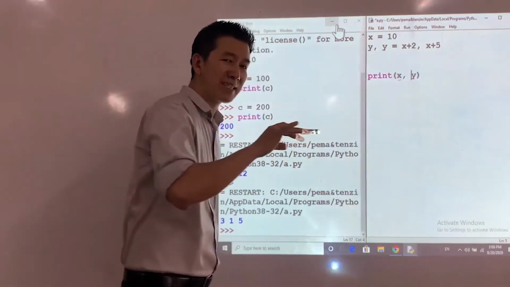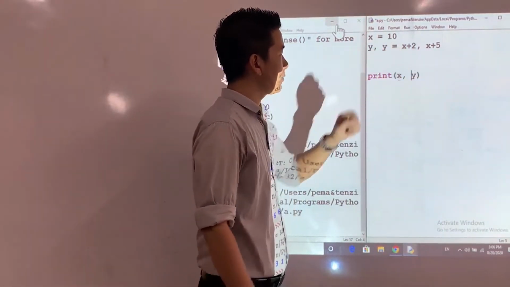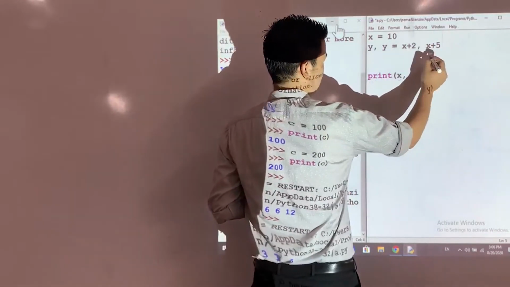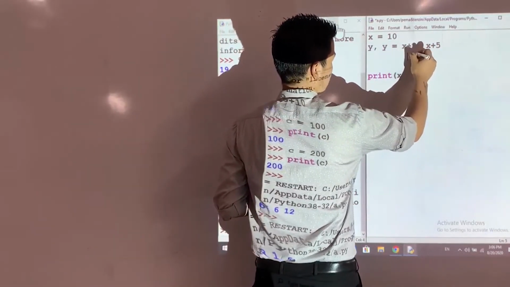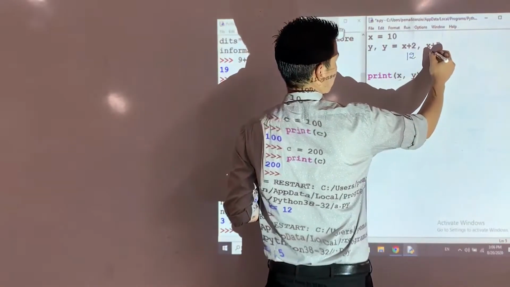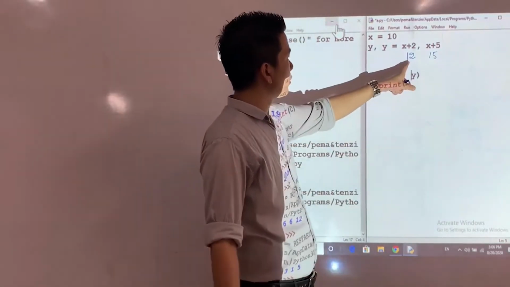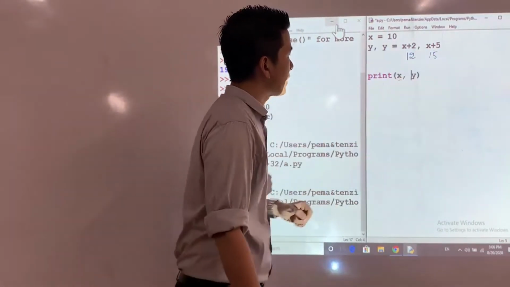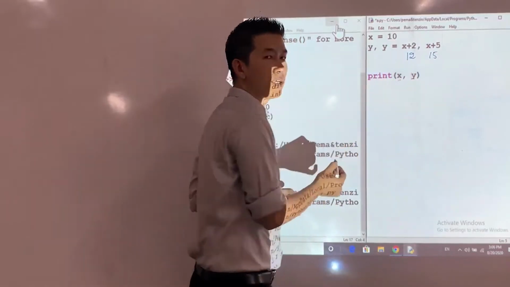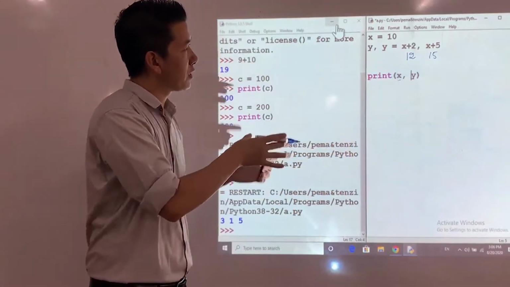Now this time again it's a little different. The value of x being 10, these two expressions will be evaluated first. 10 plus 2 is 12, okay, and then 10 plus 5 is 15, right? Then 12 will be assigned to the first variable, but this time it's a little different from the earlier two examples.